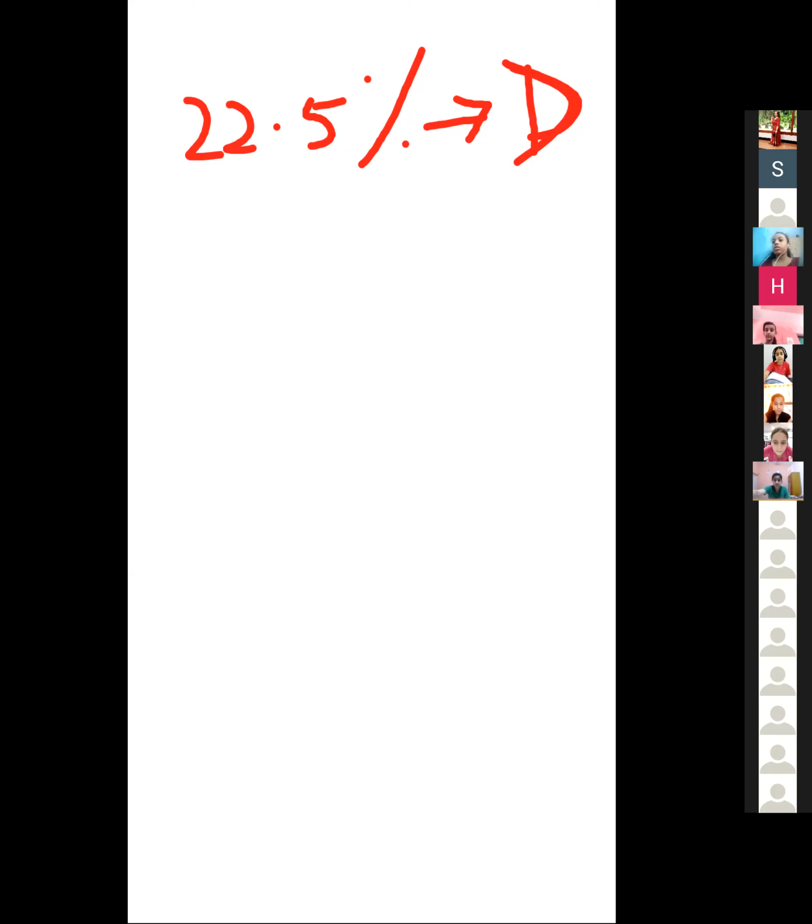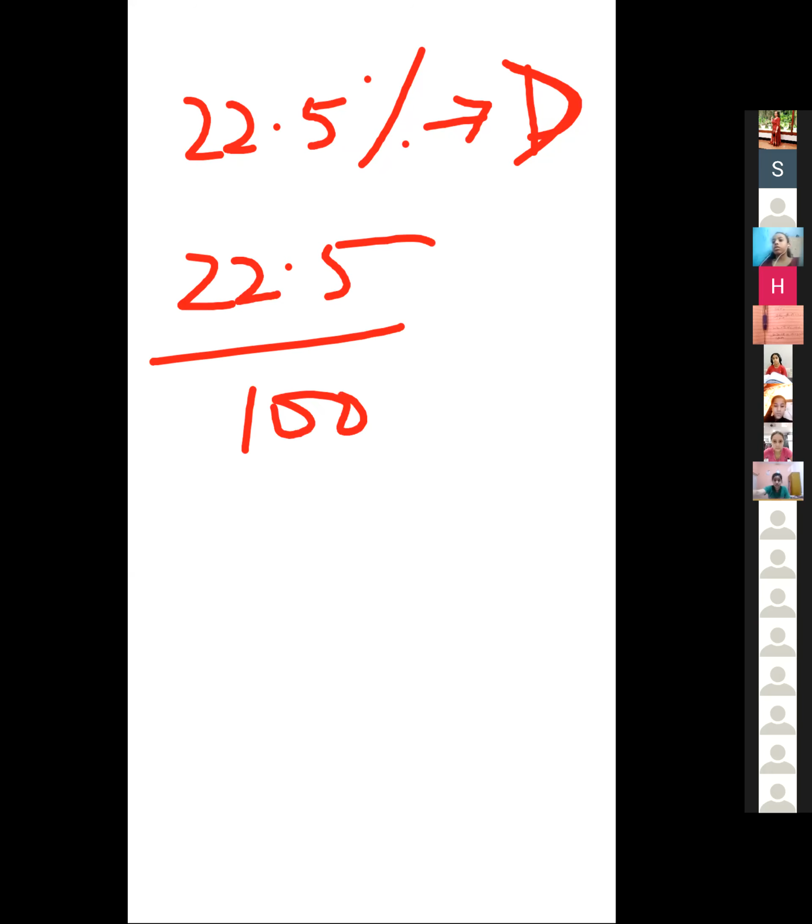Okay. Now see how to do it. 22.5 divided by 100. We have to write the 100 because percentage is there. Now you have to remove the point, and after the point how many numbers? One number. So you have to put point 0 down.